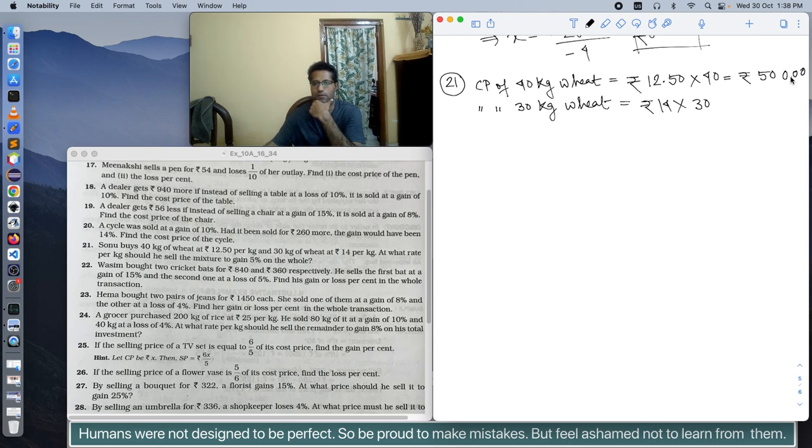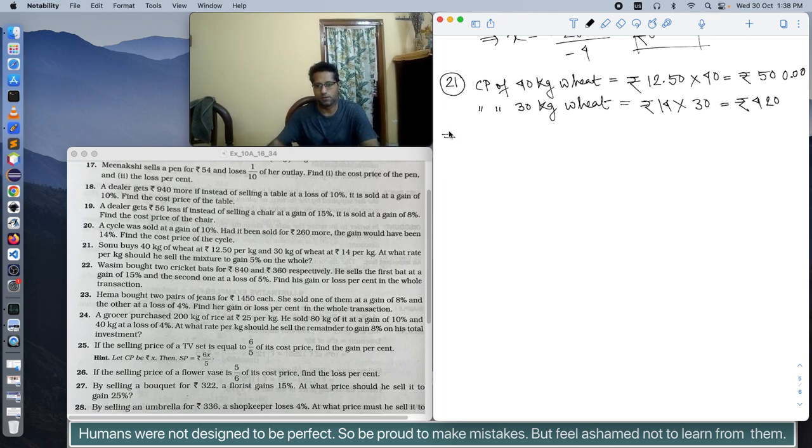So this is rupees 500 and this is rupees 420. So the cost of 30 kg of wheat at the rate of rupees 14 per kg is rupees 420, and the cost of 40 kg of wheat at the rate of rupees 12.5 per kg is rupees 500.